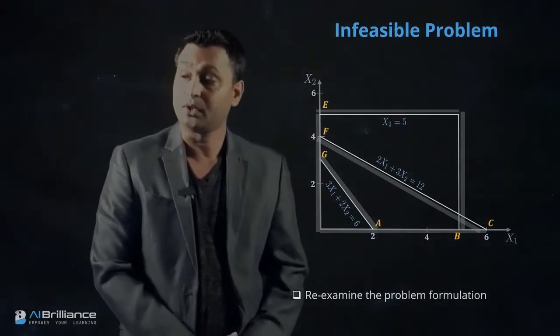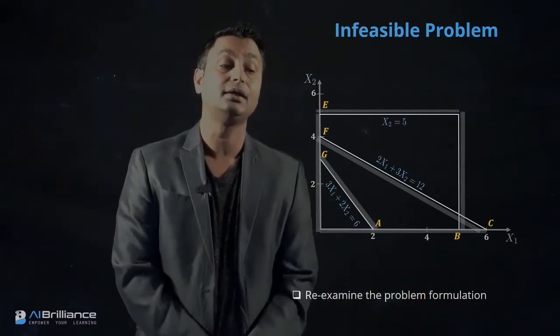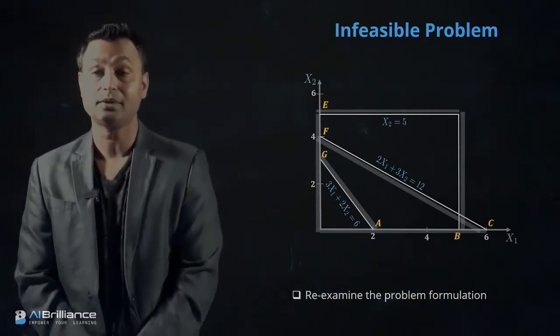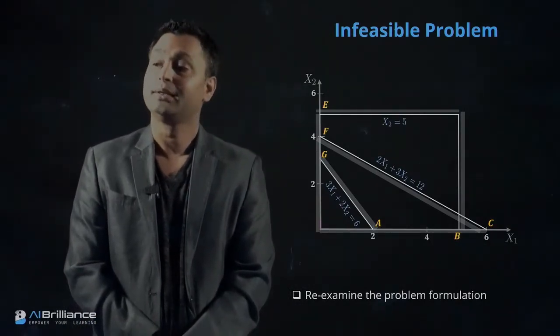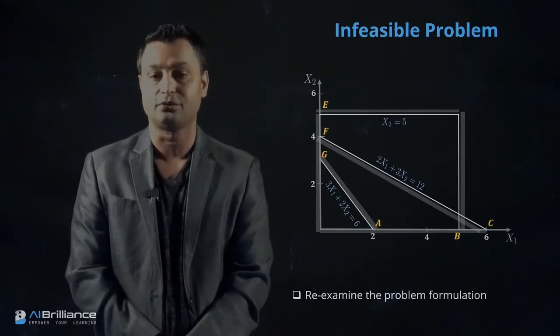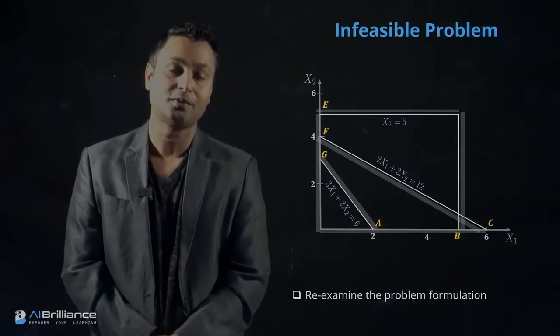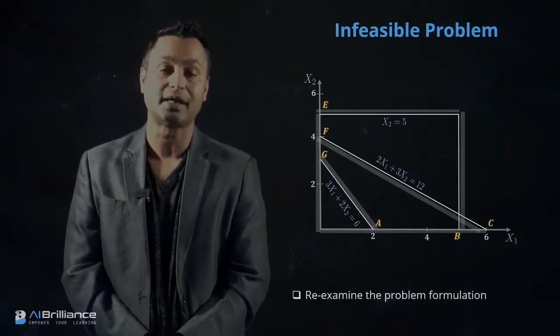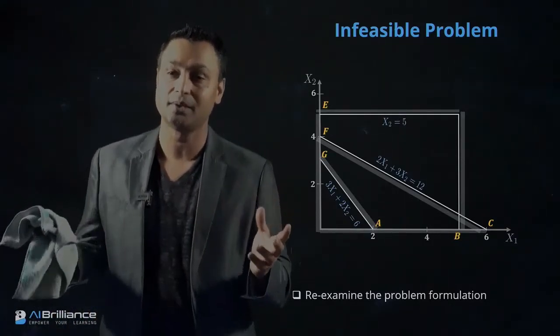If that's the case, what you need to do is re-examine the problem formulation. There is some issue with the problem formulation, and you have to correct it in such a way that at least you have the notion of feasibility, or at least you arrive at some feasible state. Because you remember, optimization is a framework of selecting a few good solutions out of infinitely many solutions.